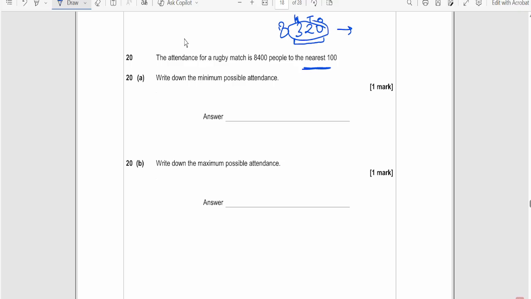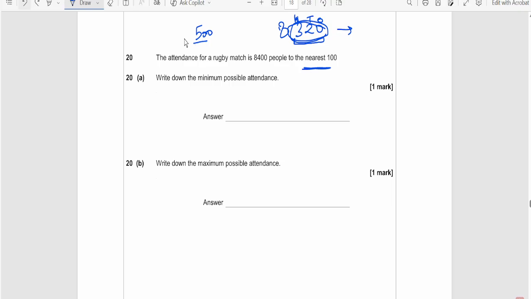So 320, if you check, this is less than 500, right? Let me explain it the other way. For the nearest 100, you will check the tens digit. If this is less than 5, then you round down.